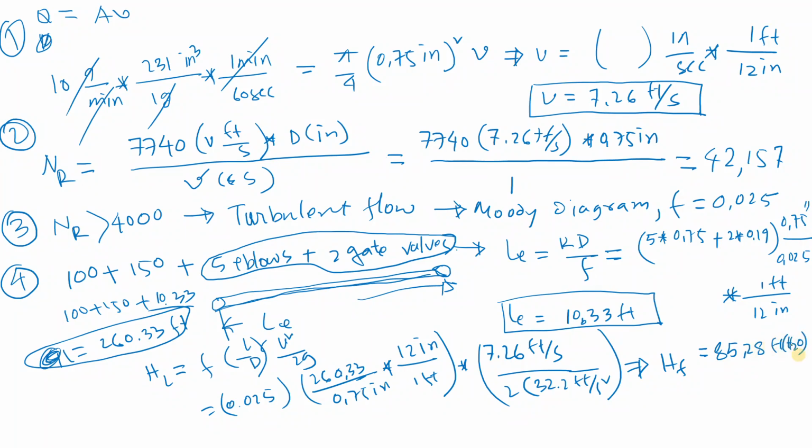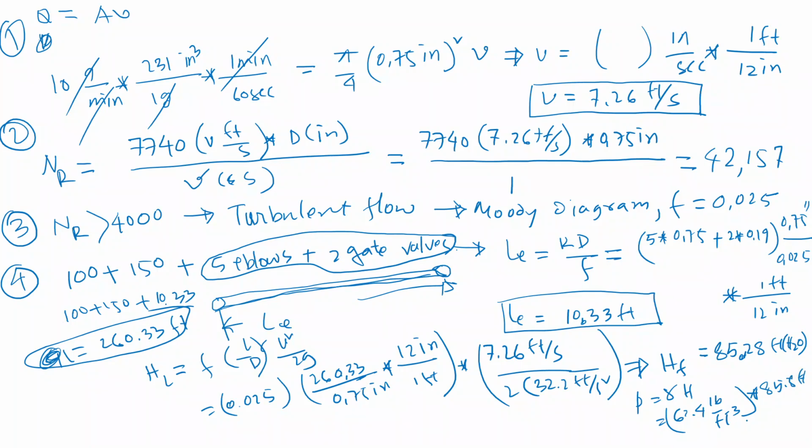Now this is pressure head in terms of water head. So I can calculate this into PSI using the P equals gamma H equation. The water gamma is 62.4 pounds per cubic foot times this H, 85.28 feet.